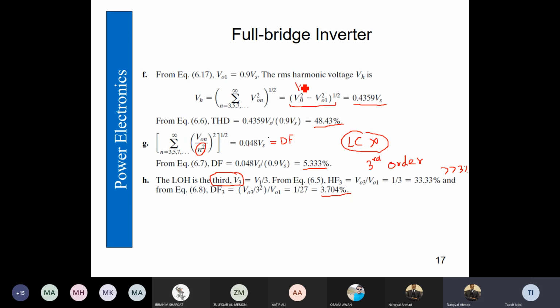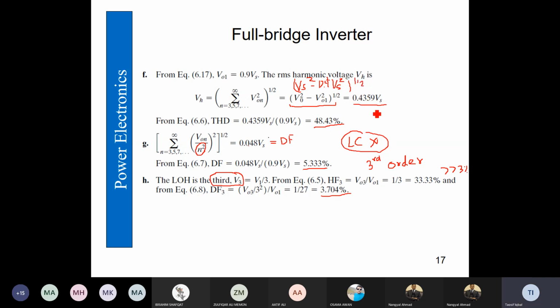So total voltage is equal to Vs, and the difference is 0.9 Vs. So we take the square of 0.9 Vs, and then take the square root of this.